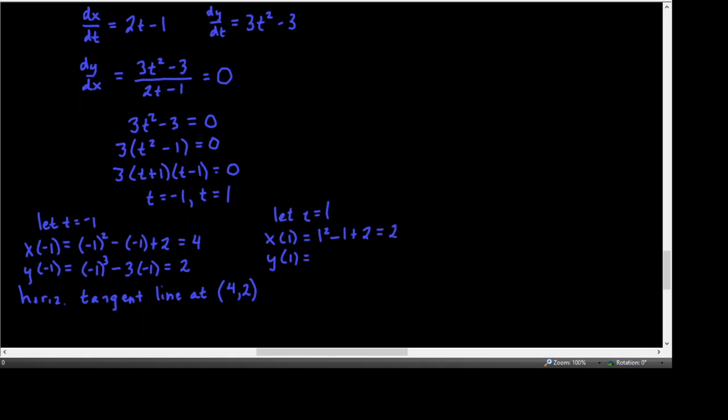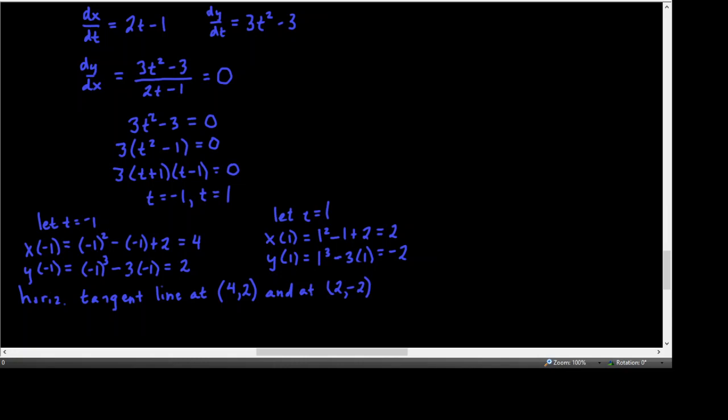And y will be 1 cubed minus 3 times 1, which is -2, which means we'll also have a horizontal tangent line at the point 2, -2.